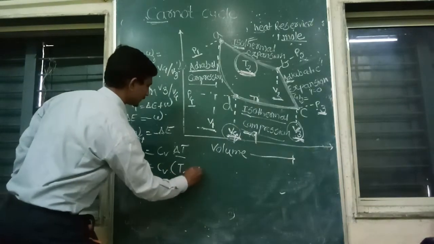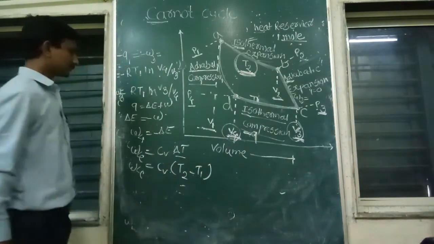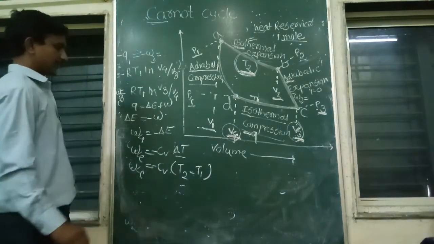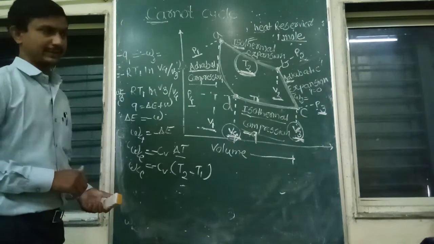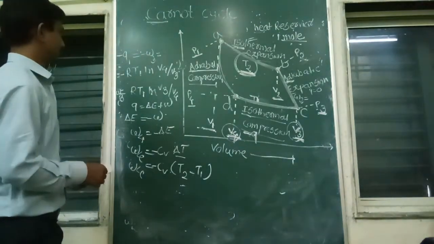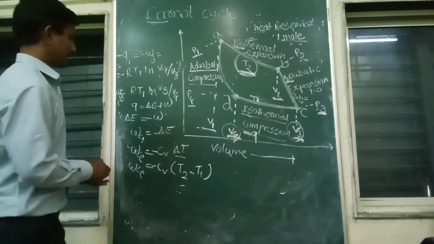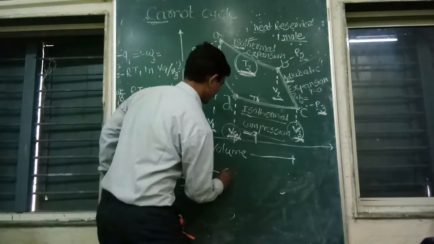So T2 minus T1, minus Cv, T2 minus T1. This is the equation 4.